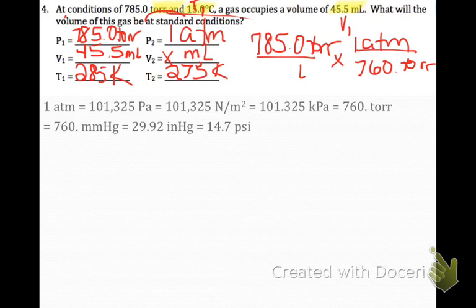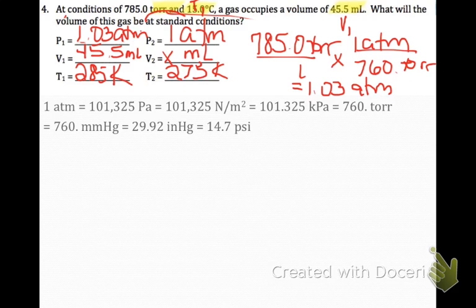When we do that, we end up having 1.03 ATM. So we'll use that instead of the 785 torr. I'll actually even erase that for sake of room.